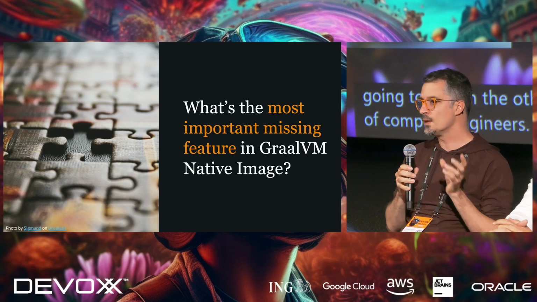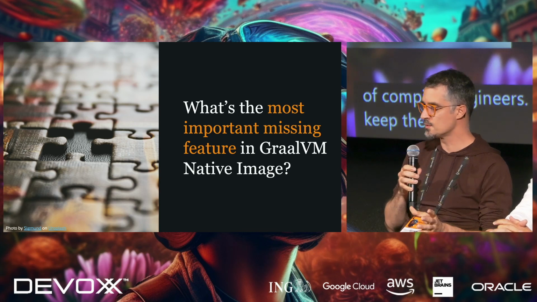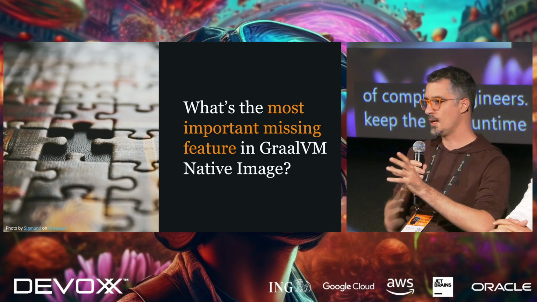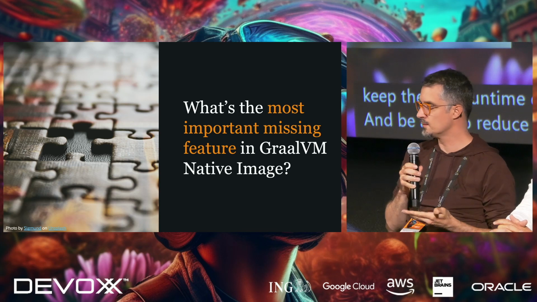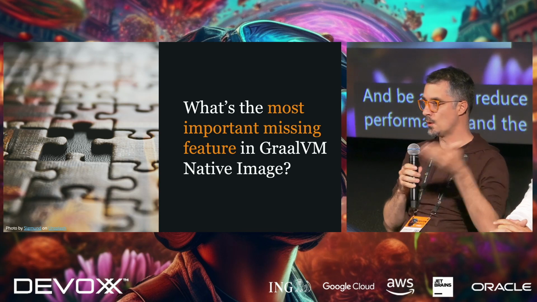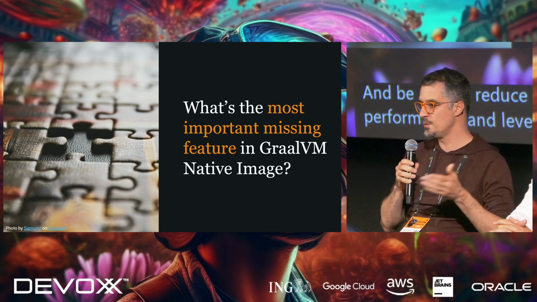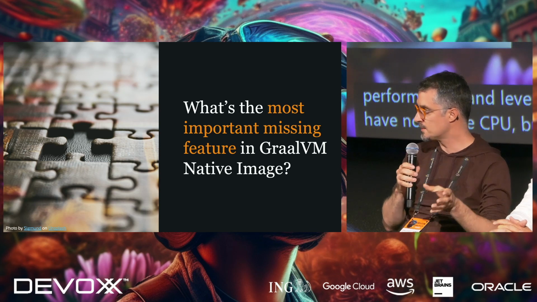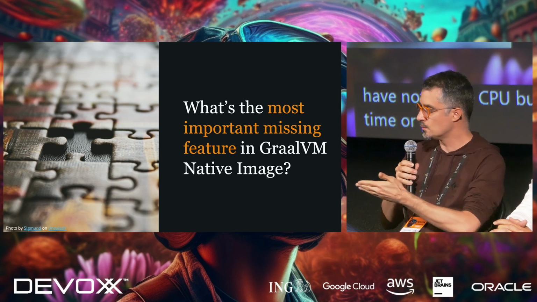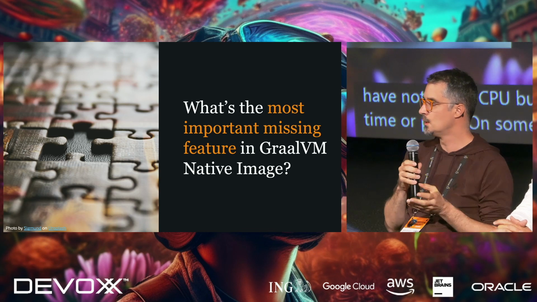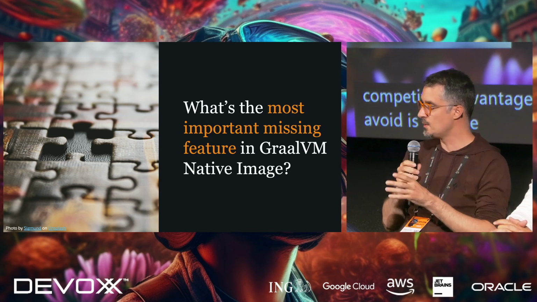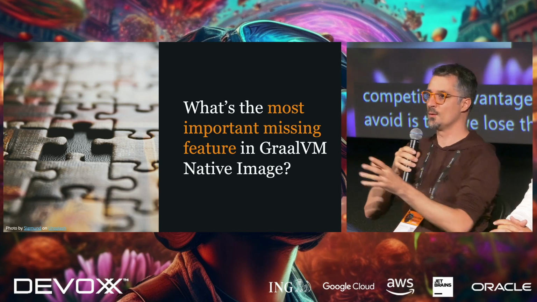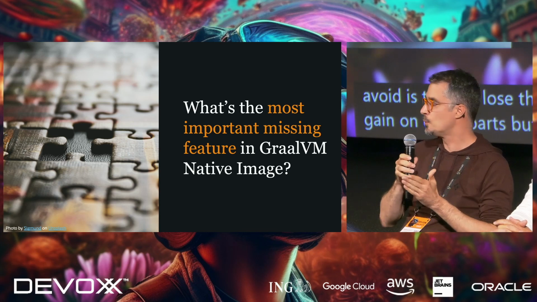So if you can keep the runtime efficiency that we have in containers and reduce some pain, like you did for the performances, and leverage the fact that maybe you have more CPU budget to do crazy optimizations at build time, that would be great. What I would avoid is losing the runtime efficiency that we have to gain on other parts. But I know this is super, super hard.